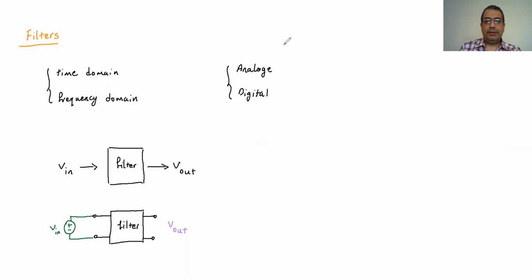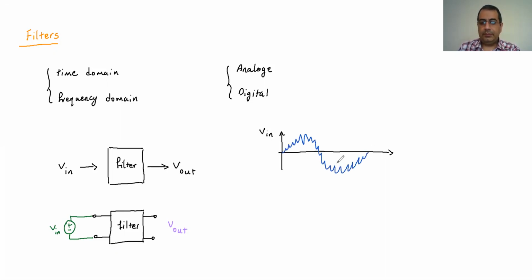Now, assume one thing that the filter might do is this: assume I have a signal like that. This is a V in, and I have a signal like that, and I see that signal has one general trend, and also it has some fluctuation around that general trend.